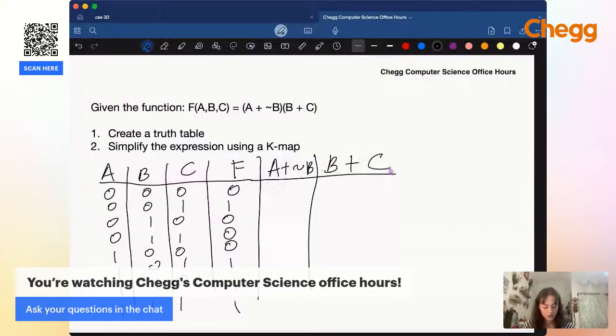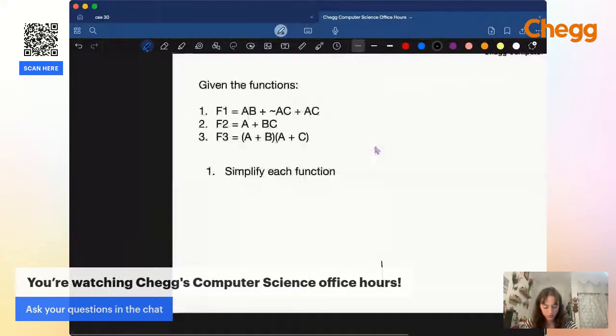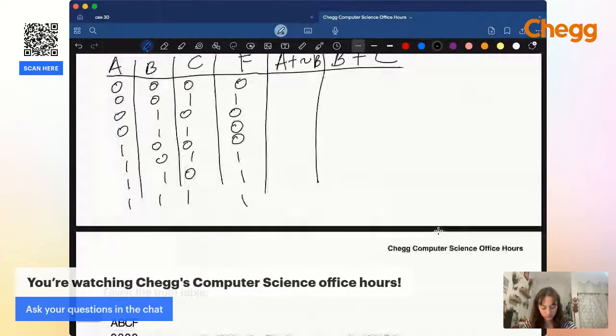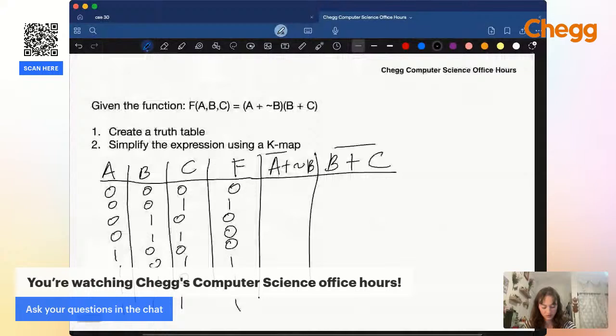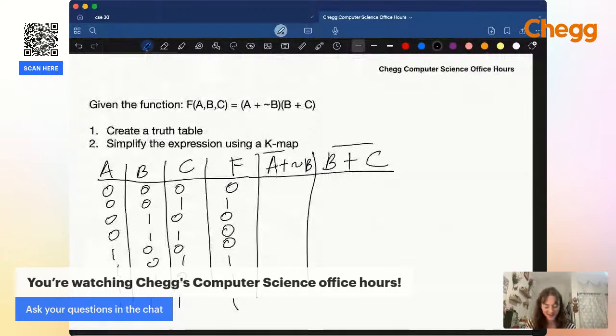So these both have to be true for F to be true. So here, oh no, I moved my mouse out of the way again. So here this is true, but this is false. So F is false. This is true and this is true.